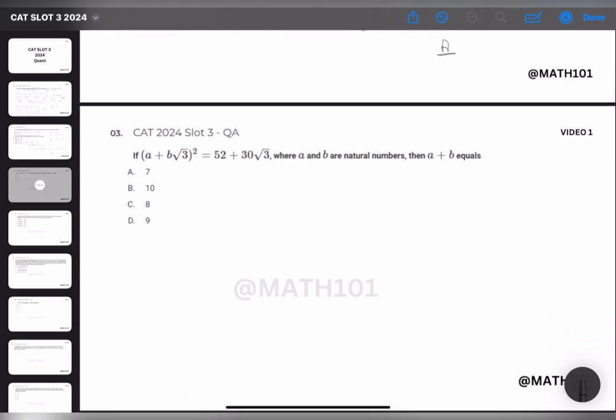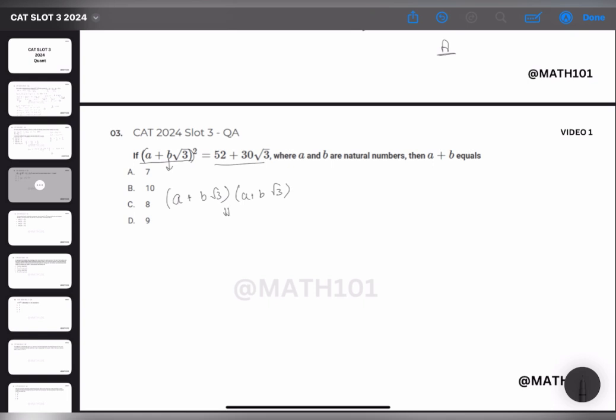So now we have this term, the square of this term, and we have the value here. So we'll just square this and expand it. So we get a plus b root 3 multiplied by a plus b root 3, or you can directly use the identity.